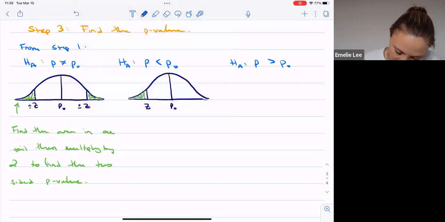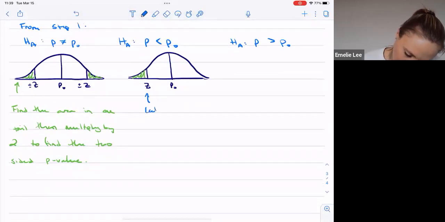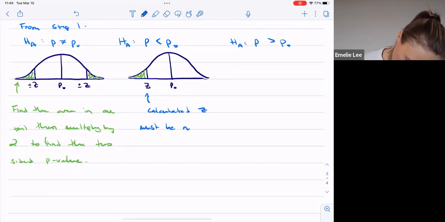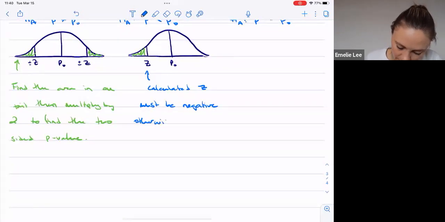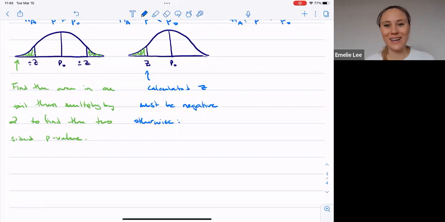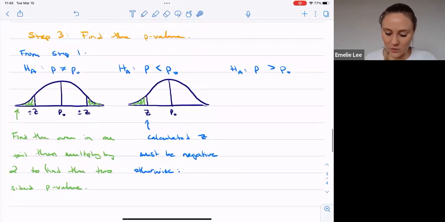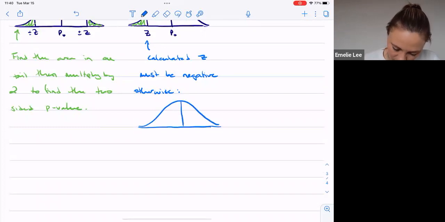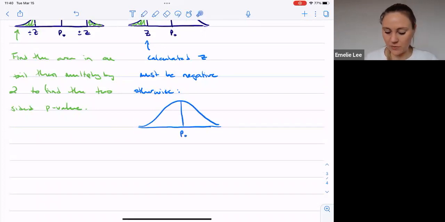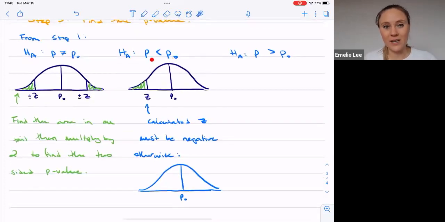And so here I'll make a note: calculated Z must be negative. Otherwise, what would you be testing? If you had a positive Z and you're trying to use it to prove that P is less than P naught, your p-value would actually be what? If you're trying to prove that P is less than P naught, but P ended up being larger than P naught, that doesn't make sense.